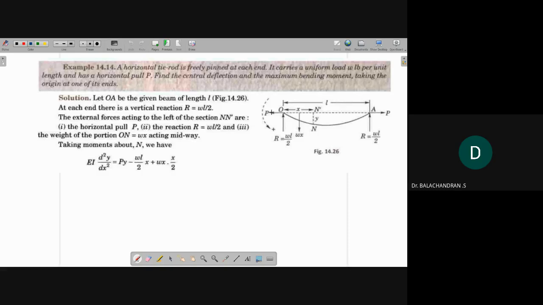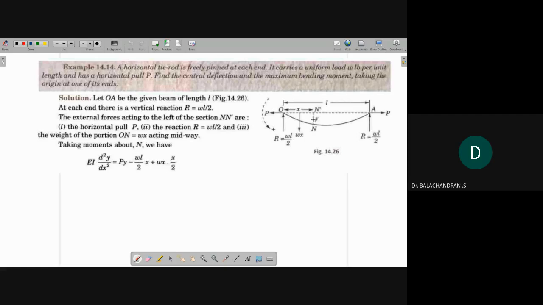Originally, this dotted line is the beam. It carries a uniform load omega lb per unit length. So this beam now looks like this curve. The point N dash is transformed into N here, and this is the length y.